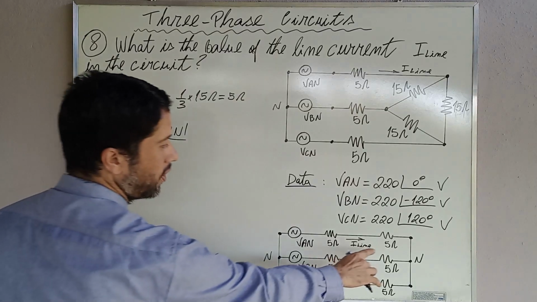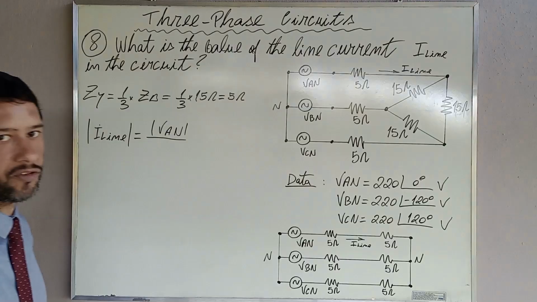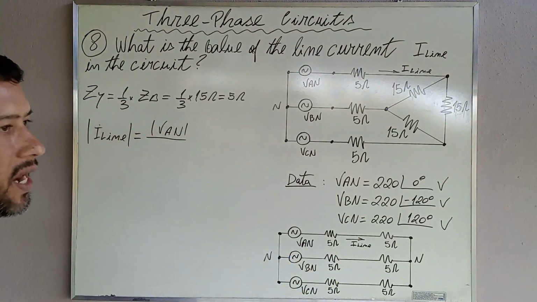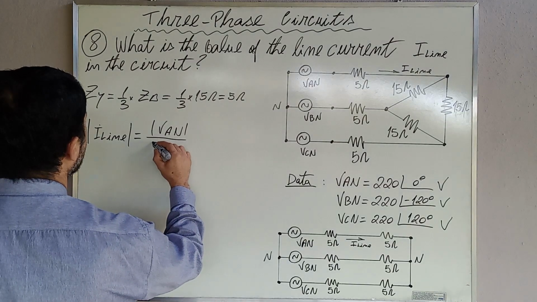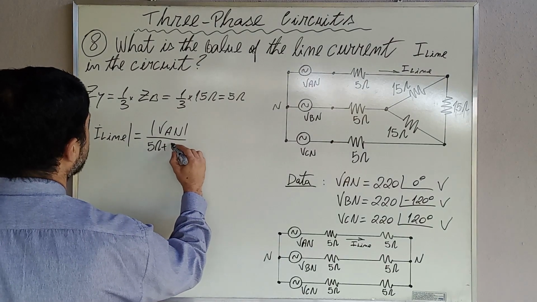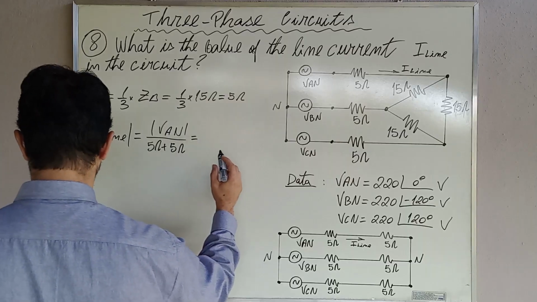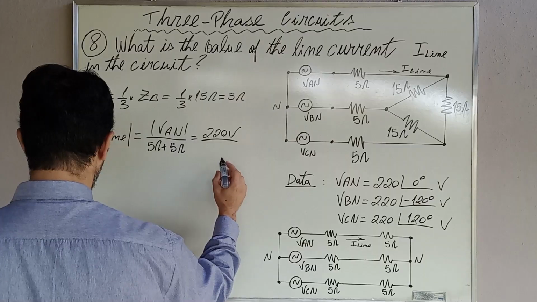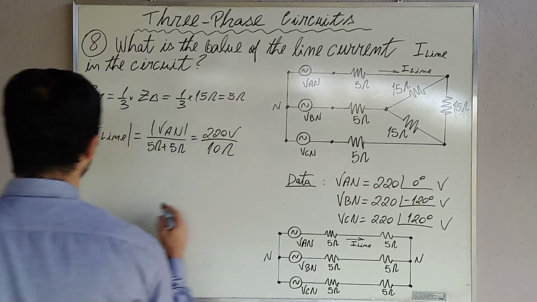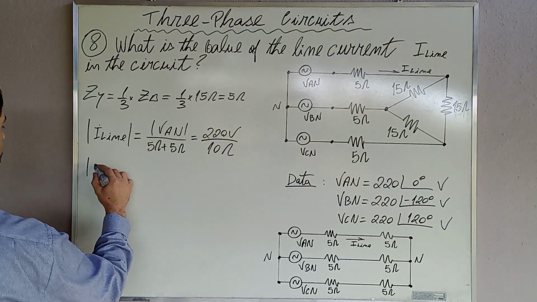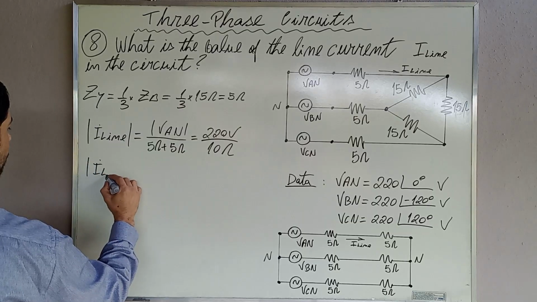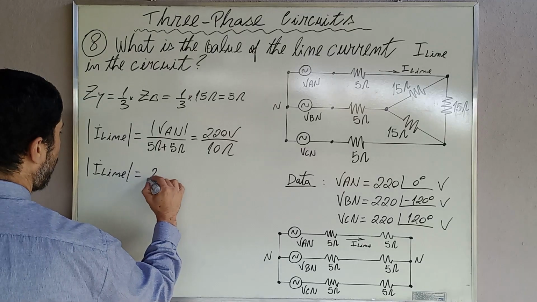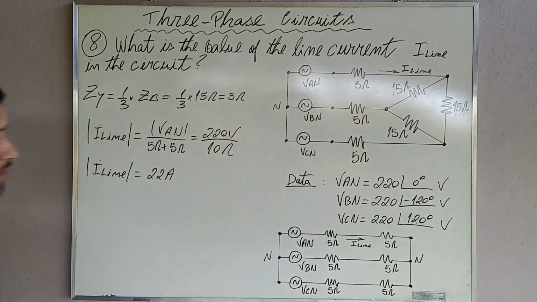But the impedance is not only the impedance of the load. We have to consider the impedance of the line as well. 5 ohms plus 5 ohms. And this is equal to 220 volts divided by 10 ohms. Thus, the magnitude of the line current is equal to 22 amps.